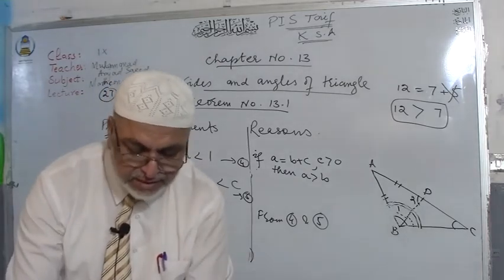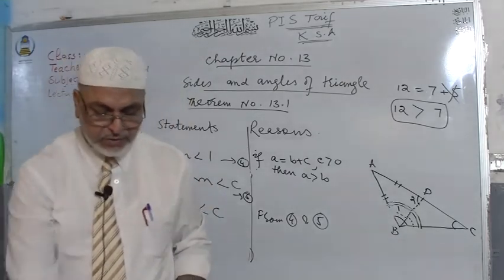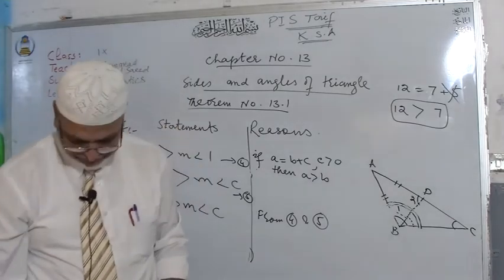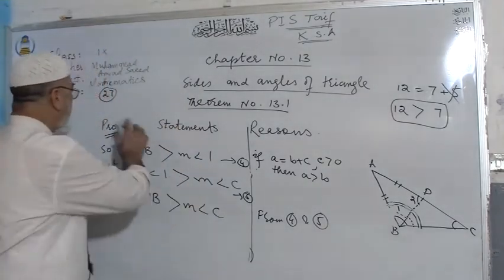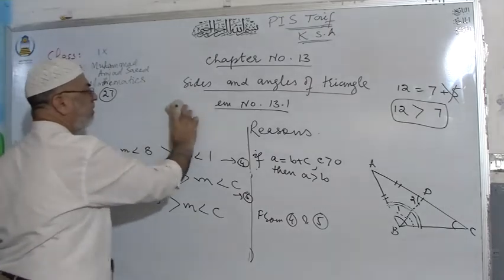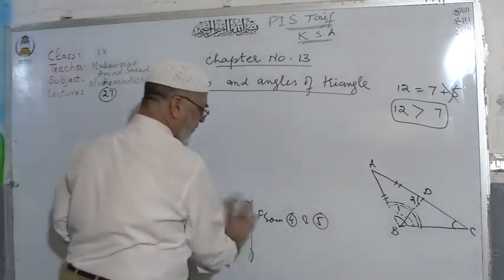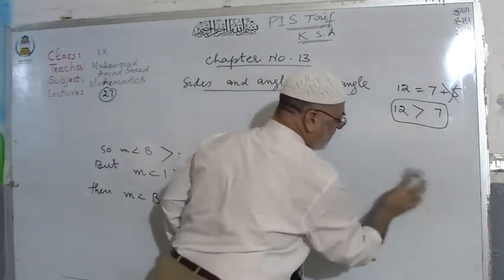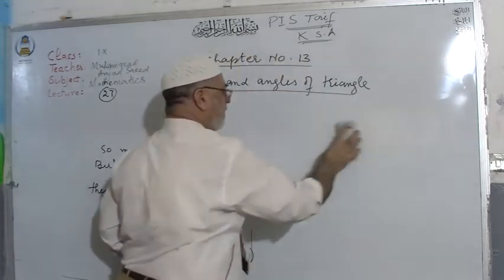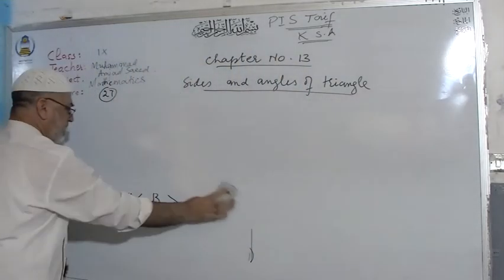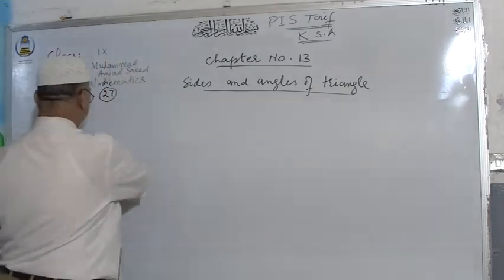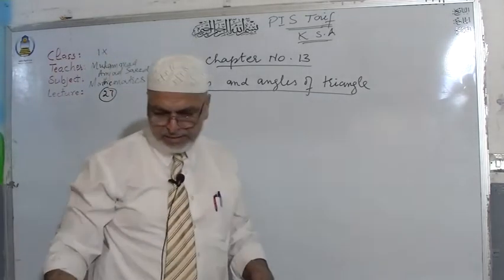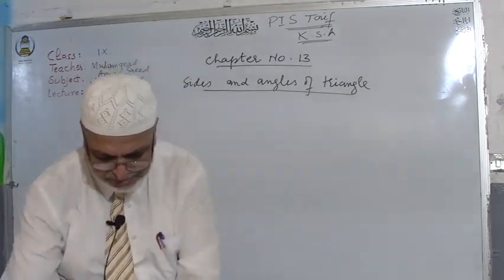Actually, it is the converse of theorem number 13.1. Converse means given changes to proof, and to prove changes to given. This time angles will be unequal and you have to prove that the side opposite to the bigger angle will be longer than the other side.